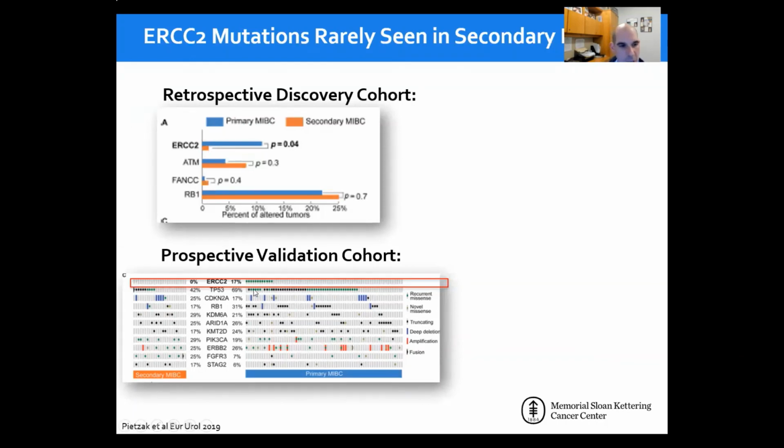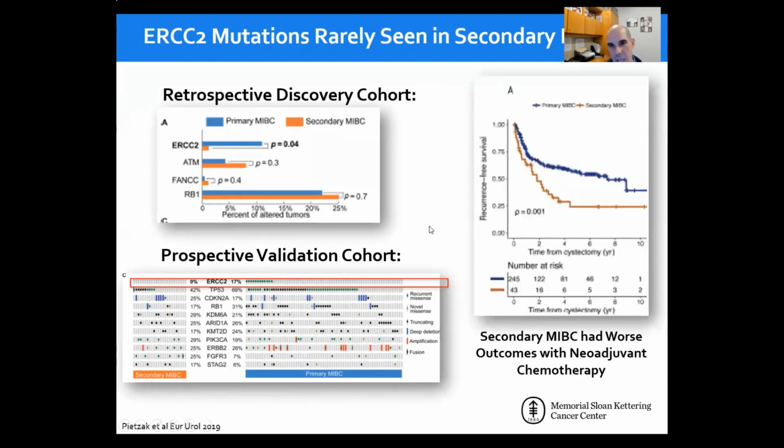And then in a prospective validation cohort, we saw this same finding with 17% ERCC2 missense mutations in patients with primary muscle invasive disease, but none seen in patients with secondary muscle invasive disease. And this certainly has potential clinical implications. And as we've discussed previously, these genes are associated potentially with response to neoadjuvant chemotherapy.